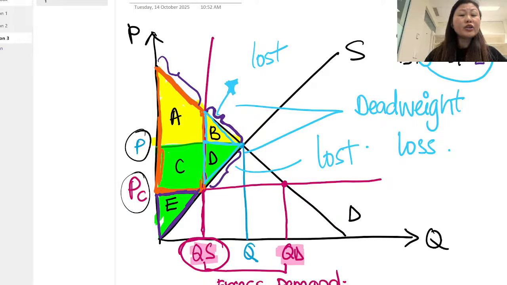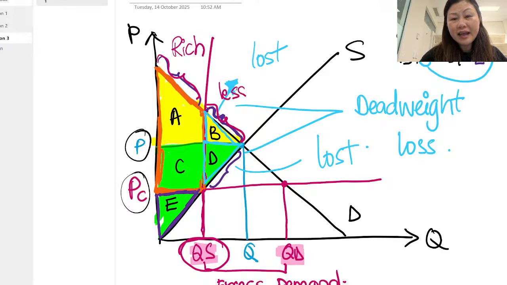Maybe you can say that people in Sector A are maybe the rich, and people in Sector B are less rich or poor.